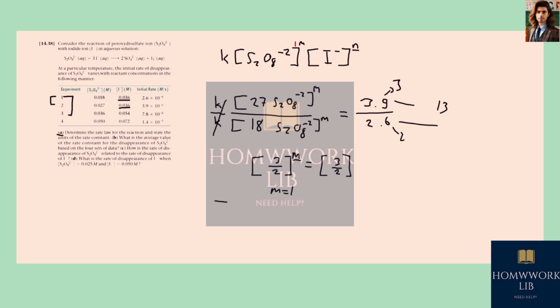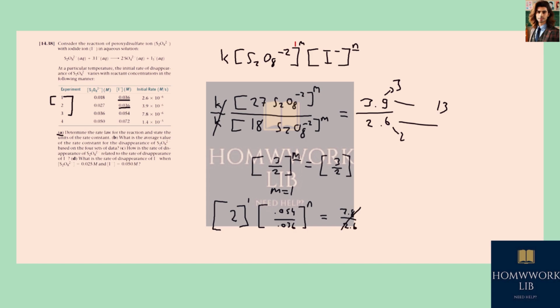Once we do that, we're going to have 2 to the power of m, which is 1, and 0.054 divided by 0.036 is equal to 7.8 divided by 2.6.